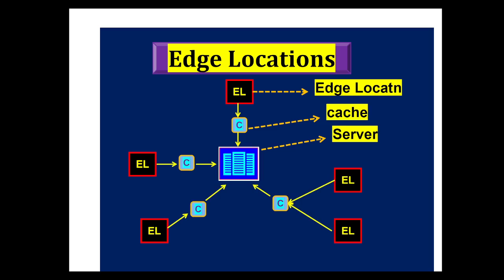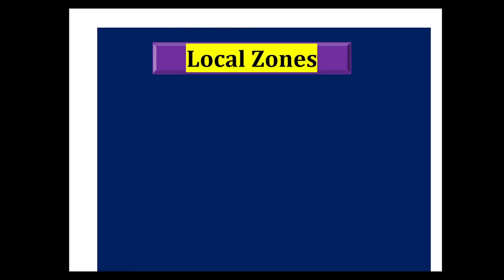All these are important benefits of using edge locations. In short, edge locations are global points of presence used by AWS CloudFront to cache and deliver content quickly to users worldwide.